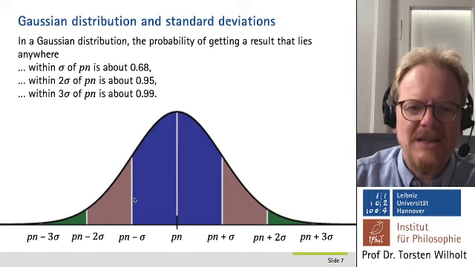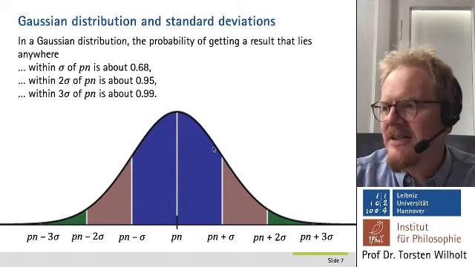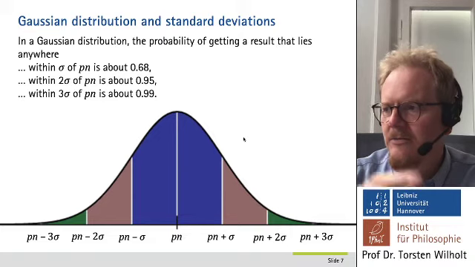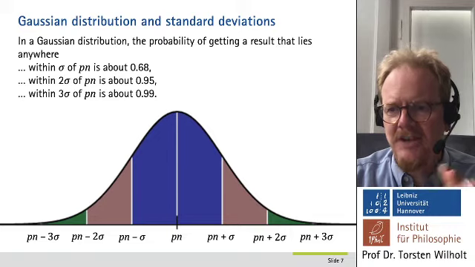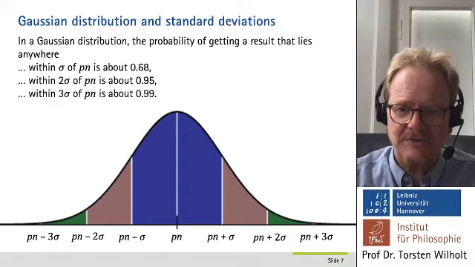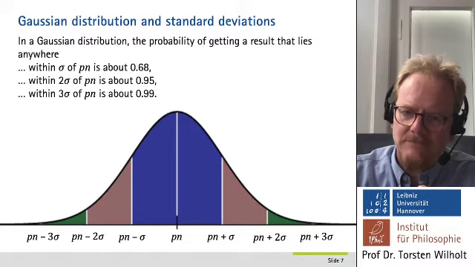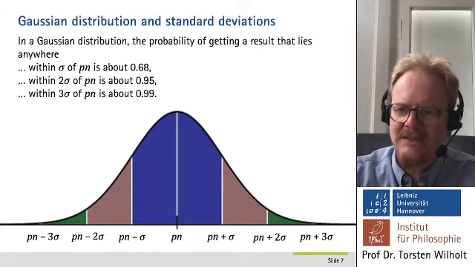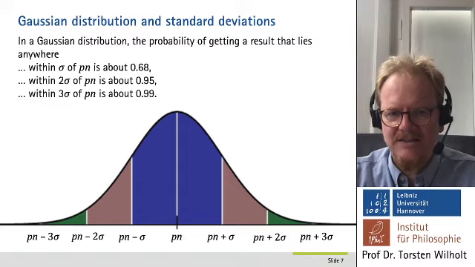So the probability of getting a result within 3 standard deviations of the mean is always 99%. So whatever kind of binomial distribution you have, you have a certain number of individual trials, and you have a certain probability of getting an event for each of these trials.